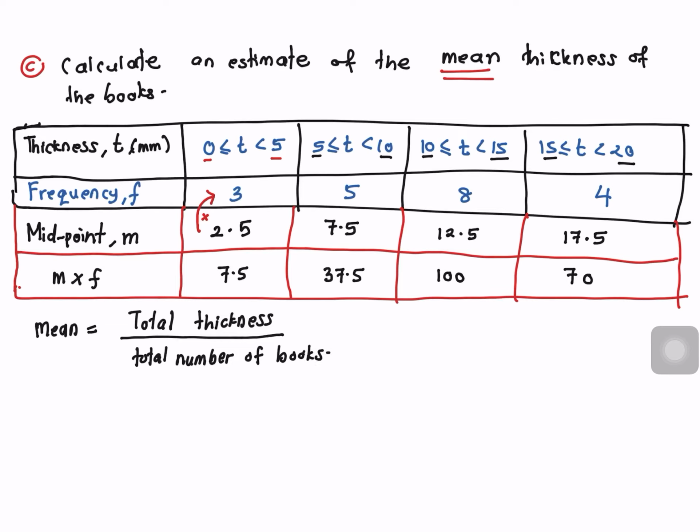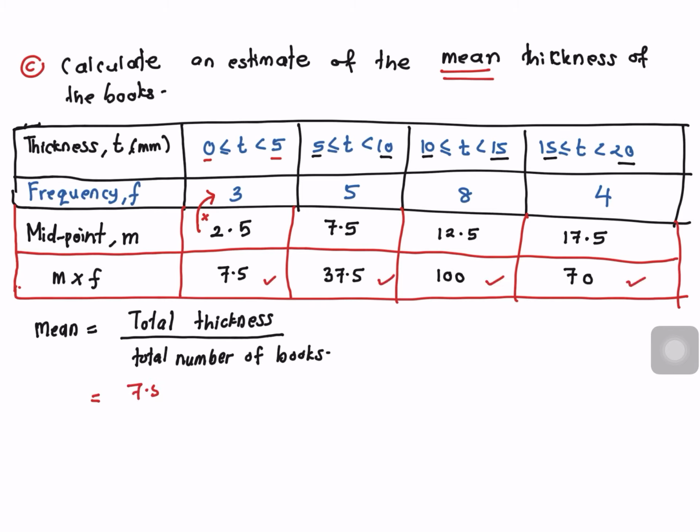Okay, so total of thickness. Which one is the total of thickness? Total of thickness means total of midpoint times frequency. So you add all together. This one, add all.